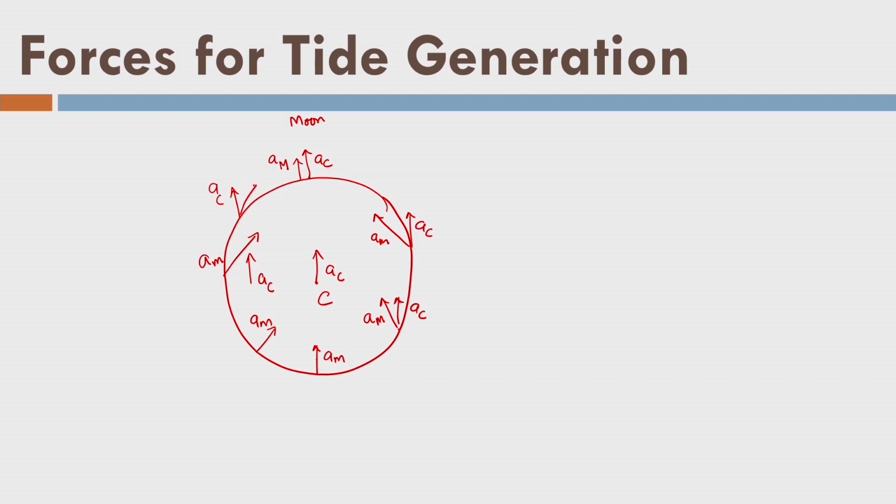Now here AM will be like this. So you can see here AC and AM is this one. So this is AC. The direction vectors are not showing in proportion to the force value. Now if I make vector sum, I can see here that at point one is AC here and there is one AM here.